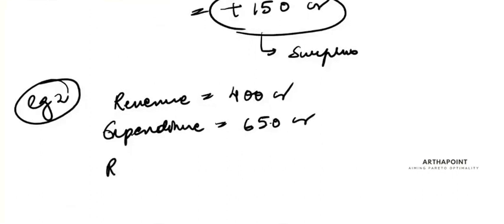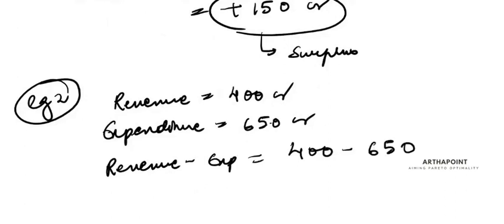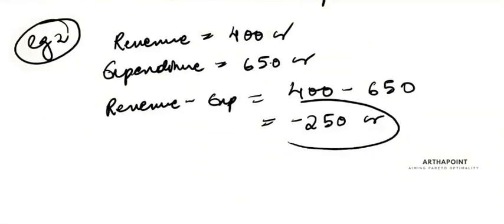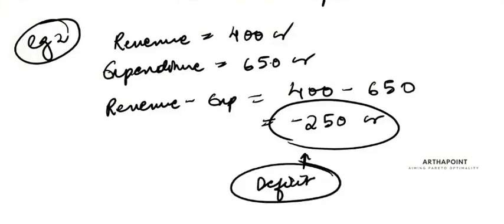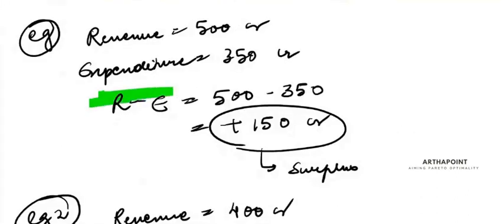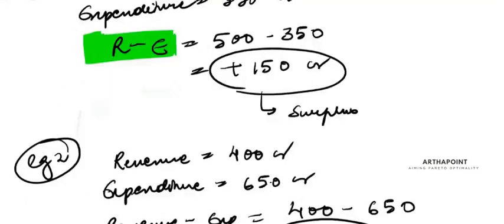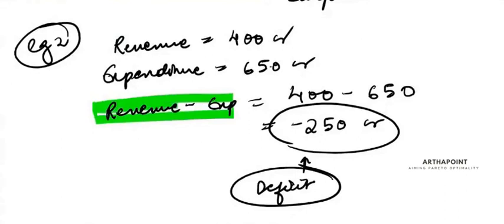Again, I will find revenue minus expenditure, which will be 400 minus 650, and that comes down to minus 250 crore. If it comes down to minus 250 crore, I can say that the government is in deficit. So under both the situations, I am finding revenue minus expenditure. What is changing is that revenue minus expenditure can be positive or negative. If it is positive, I am in surplus. If it is negative, I am in deficit.